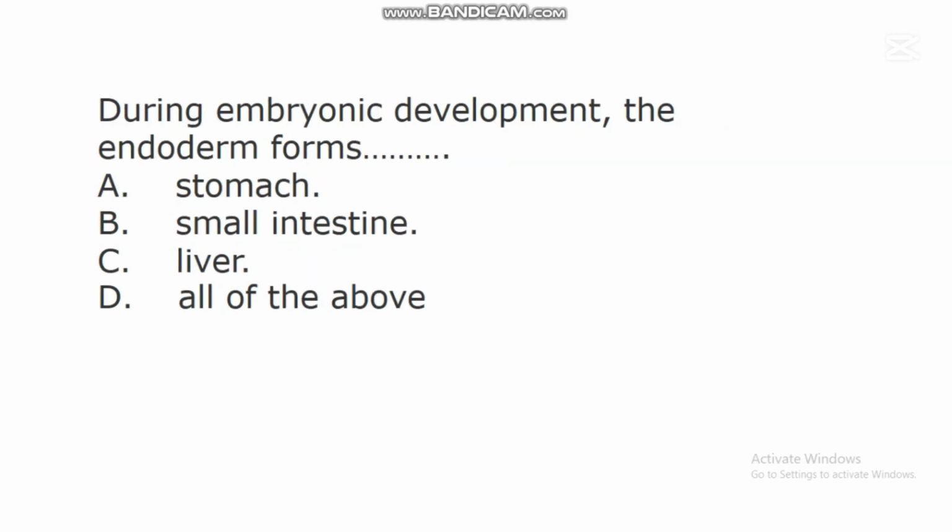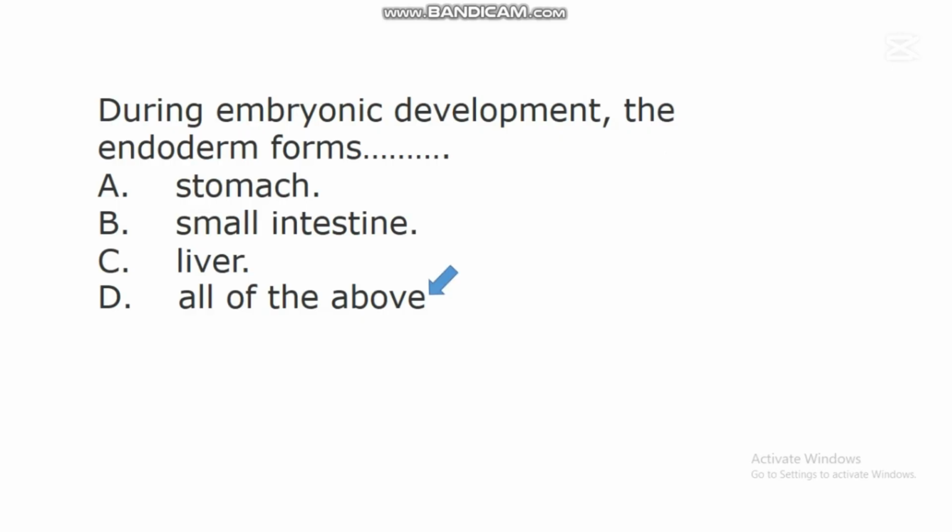The next question says, during embryonic development, the endoderm forms dash. A. Stomach, B. Small intestine, C. Liver, D. All of the above. In this question, the correct answer is D. All of the above.